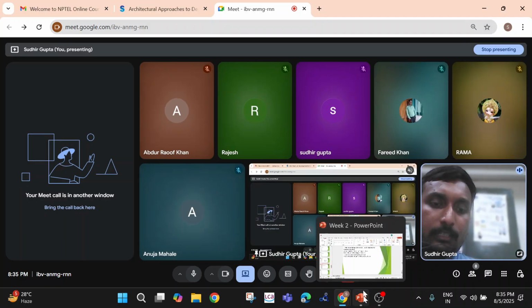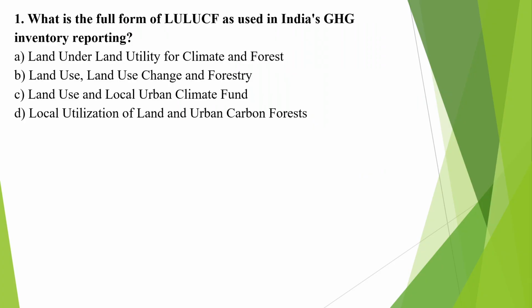So the correct answer for this question number 1 is option B. Most of you have opted for option B, that is land use change and forestry. Option B is the correct answer, because this LULUCF accounts for carbon sinks and emissions from land management and forestry.